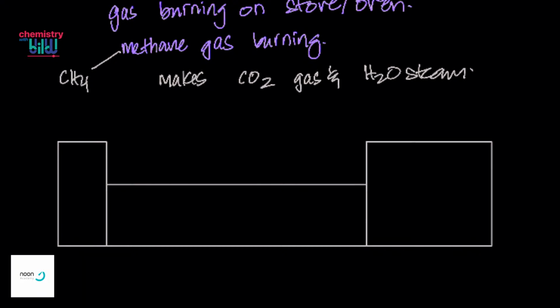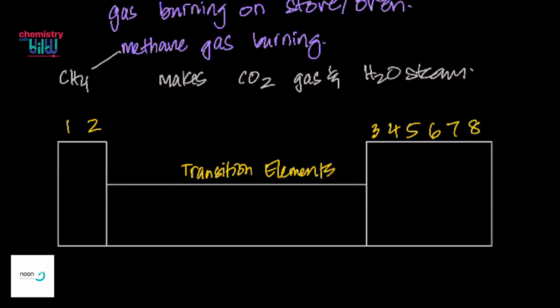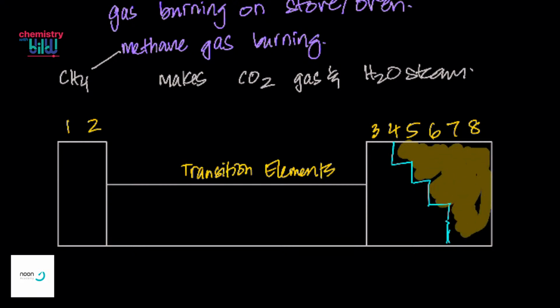So you've got groups 1 and 2 here, and we call these transition elements, and then groups 3, 4, 5, 6, 7, 8. Generally speaking, groups 4, 5, 6, 7 are your non-metals.